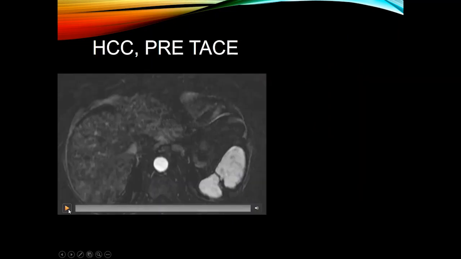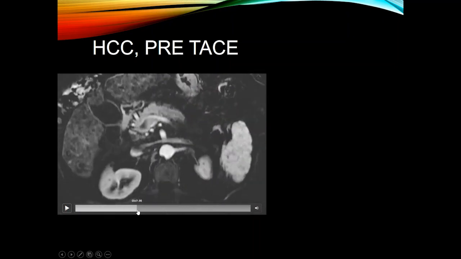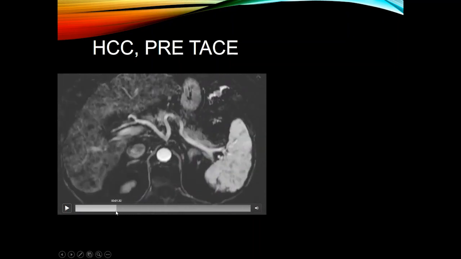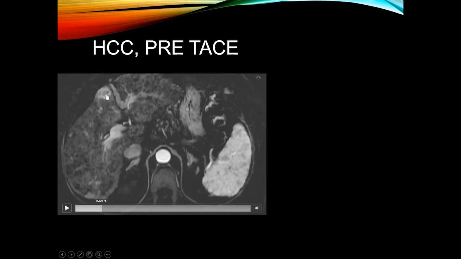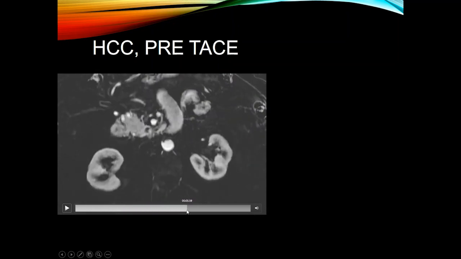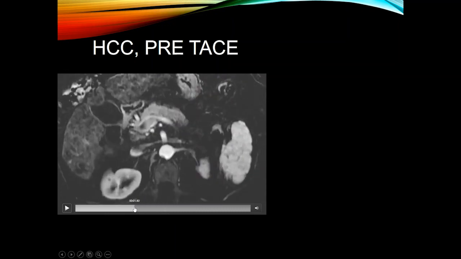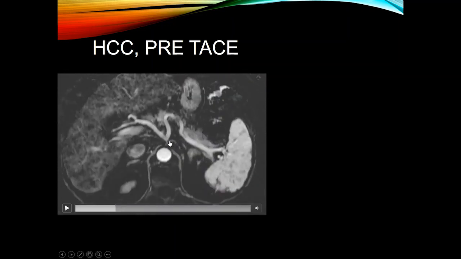So here's another pre-operative or pre-TACE patient who has a hepatocellular carcinoma in segment 4. Now, what's interesting in this case, and it's a bit complicated, is the patient has a lot of atherosclerosis, and if you notice, the celiac origin is not visualized, but the branches are.